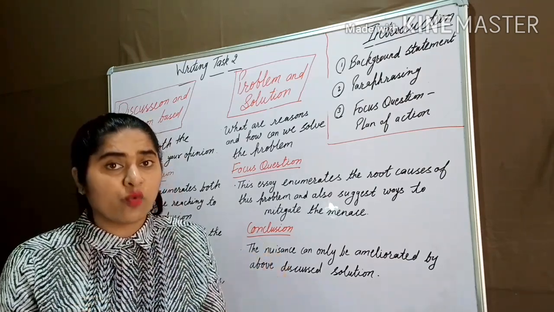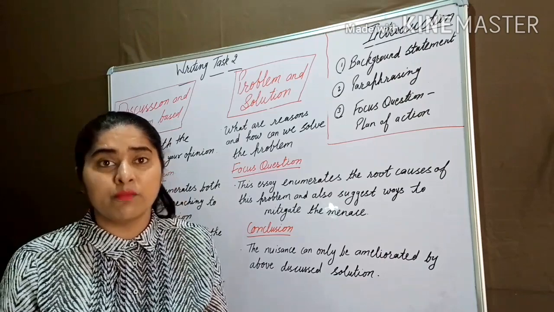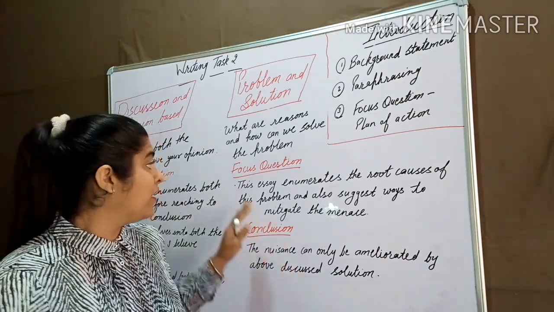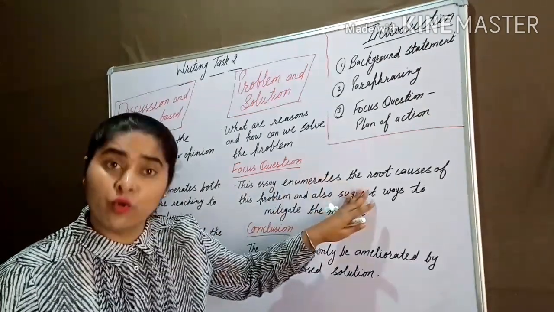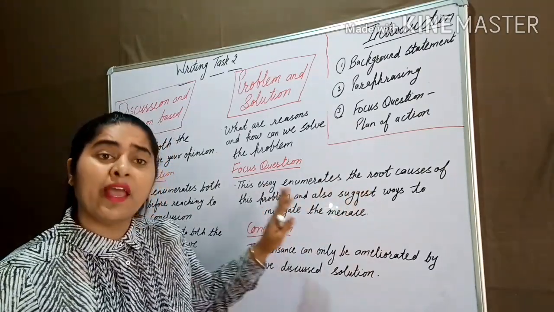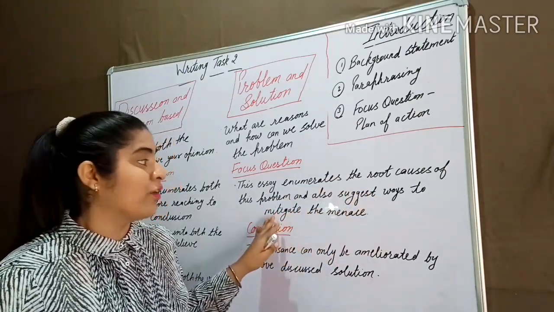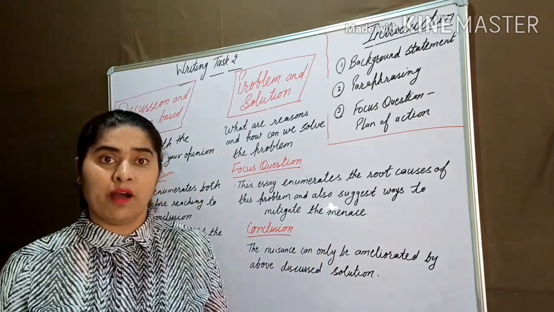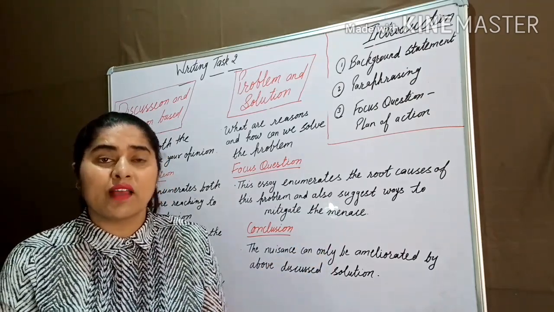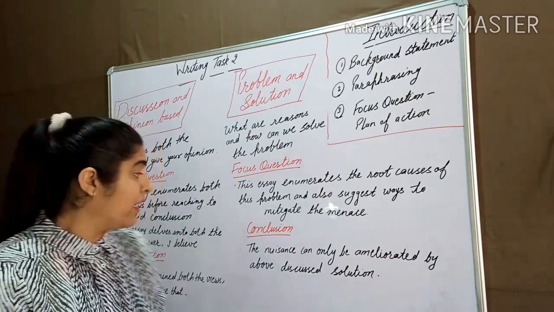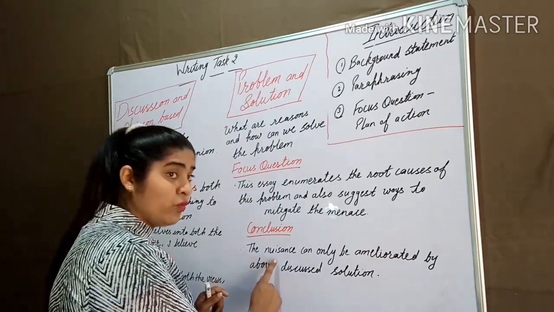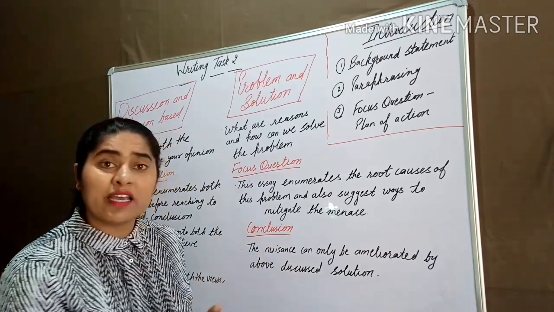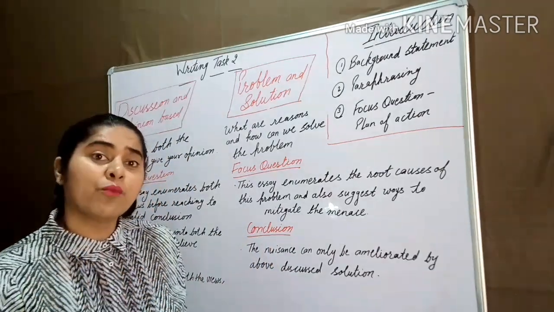So the focus question of a problem and solution based question can be: this essay enumerates the root causes of the problem and suggests the methods and ways to mitigate the menace. Moving further to the conclusion part, what will be our first sentence? It can be: the nuisance. This nuisance is again a synonym of the problem.